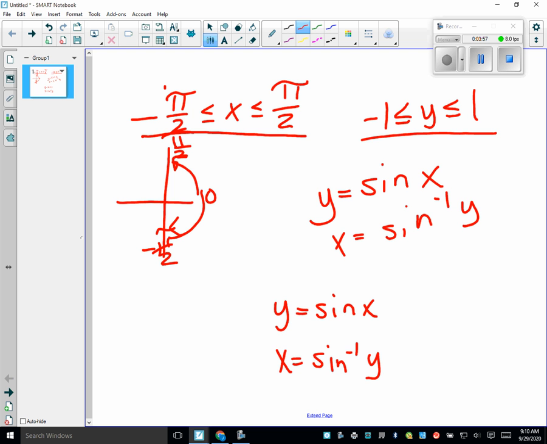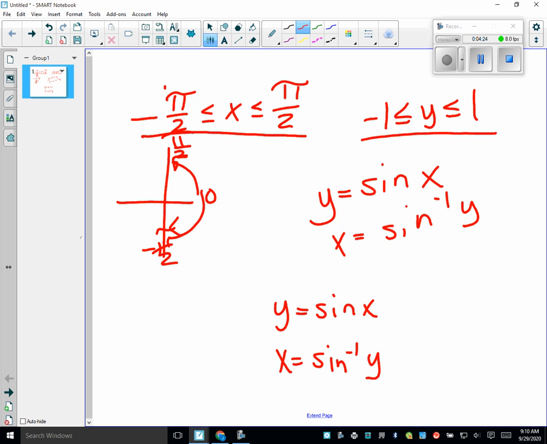That's what that says. I'll teach you that later in the week. Everybody understand this? What this means is, for what value of y, what angle fits it. We're going backwards.